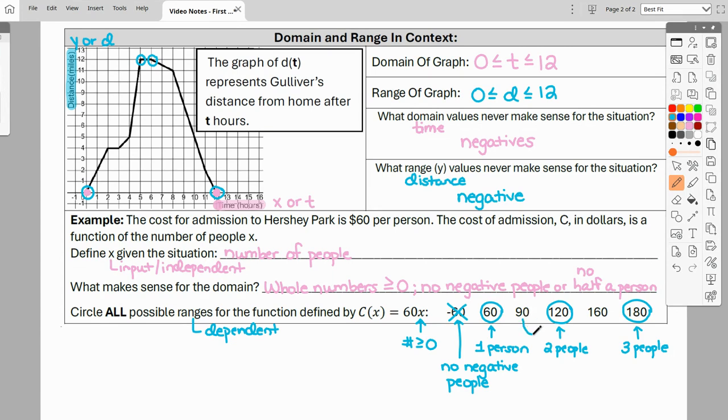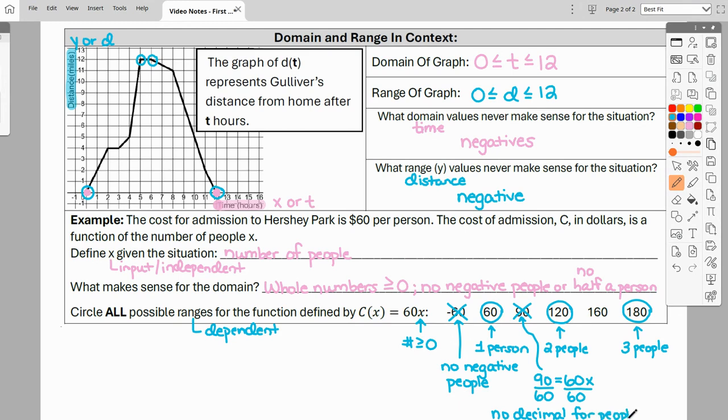We're going to look at 90. And I'm thinking that that is what 60x is equaling. When I have that statement and I divide each side by 60, that comes out to a decimal or a fraction. And we can't have decimal or fraction people. So no decimal for people.